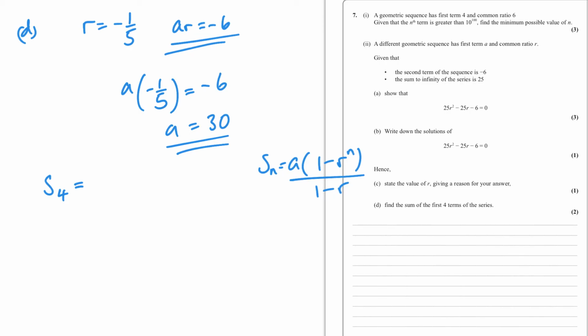Remember, you can use the reverse one with these the other way around, r^n minus 1 and r minus 1. Both are perfectly usable. It's just usually slightly easier to use this way around if r is less than 1, and the other way around if r is greater than 1. So we obviously got less than 1, so we're going to use it this way around.